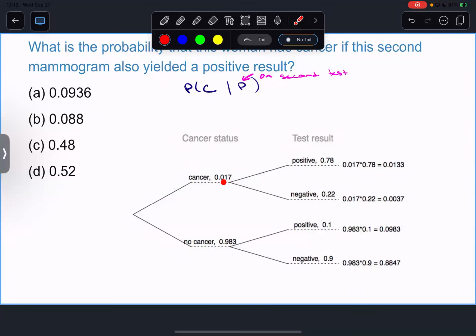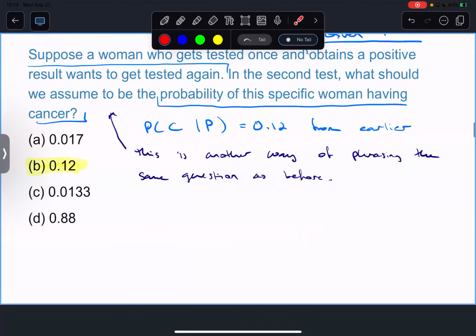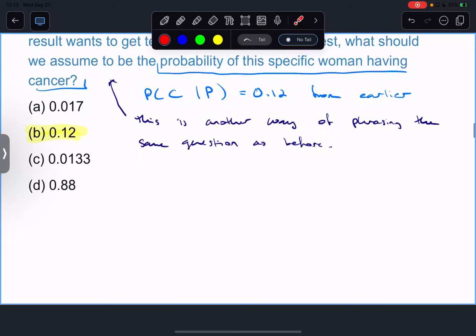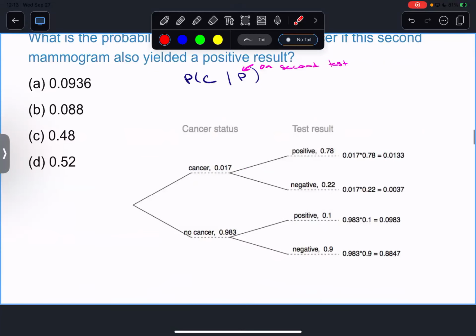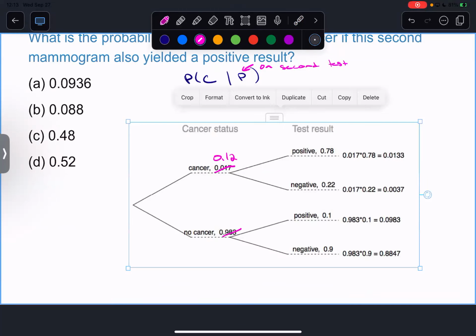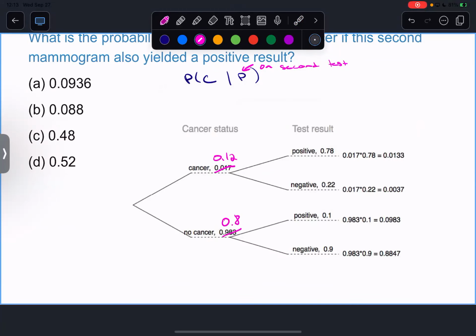The probability of having cancer has changed, right? We just decided that after a first test, the probability of cancer, knowing that they tested positive on the first one, is now 0.12 in this tree. So here, this changes to 0.12 and no cancer changes to 0.88.